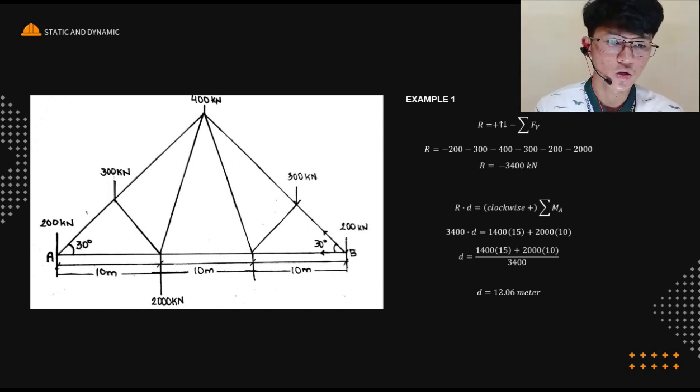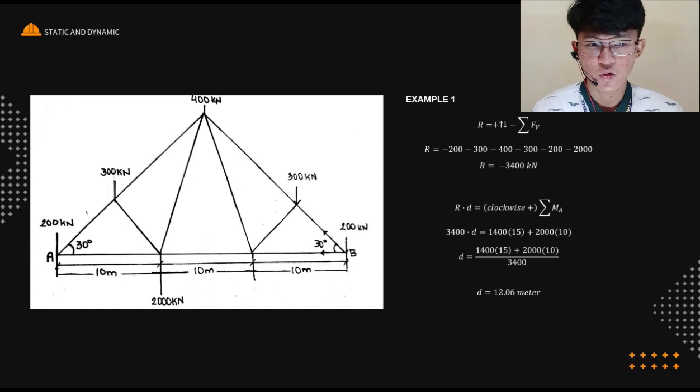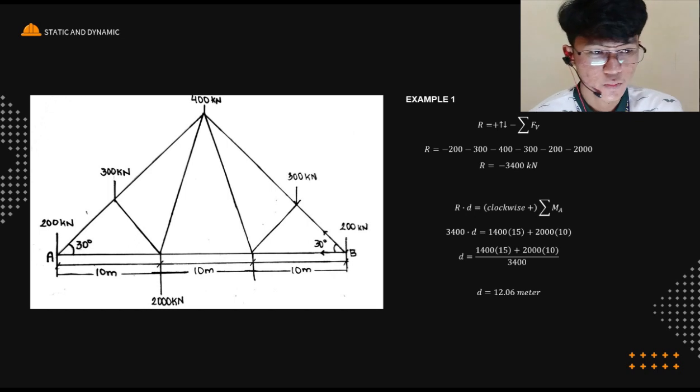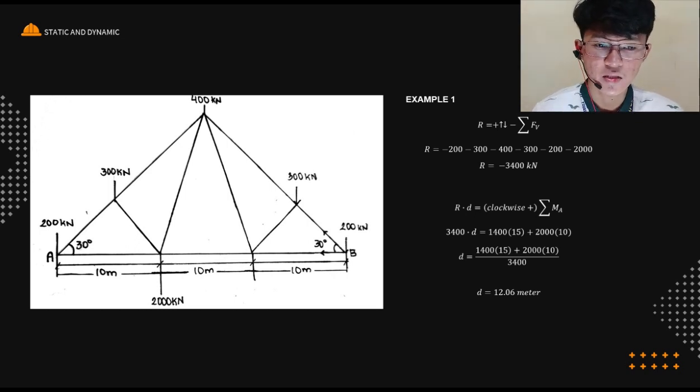So, R equals negative 200 dahil pababa, minus 300, minus 400, minus 300, minus 200, and then minus 2,000. Kung mapapansin natin, puro minus ang operation dahil nga puro pababa ang ating forces. So, makukuha natin resultant is equal to negative 3,400 kN.